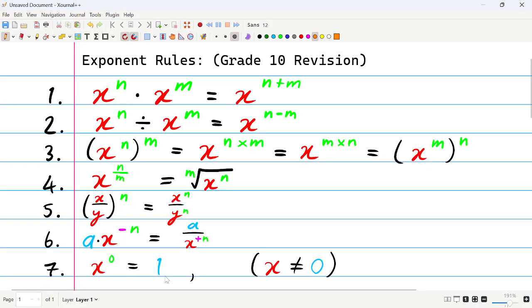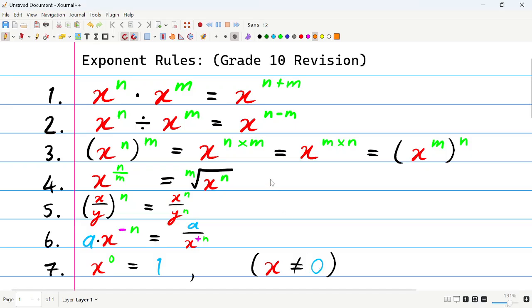But notice that there is a restriction. If we have a base which is equal to 0, and the exponent is also 0, such that we have 0 to the power of 0, it'll be undefined. So that is why we have a restriction saying that anything raised to the power of 0 is equal to 1, except when the base is 0. And that is when that property works.